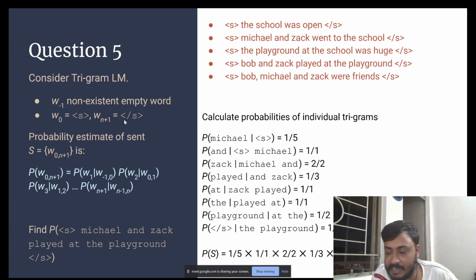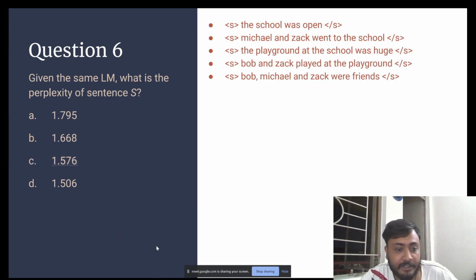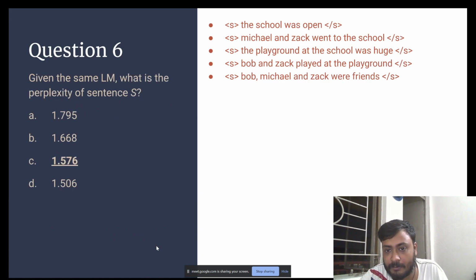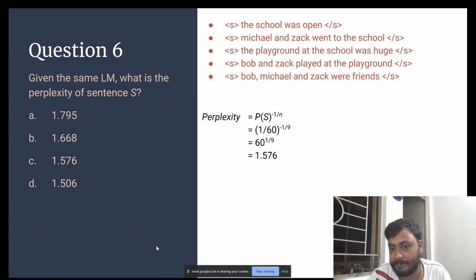The actual words are indexed from 1 to n, begin sentence is given index 0, and end sentence is given index n plus 1. Sorry, I just mentioned that wrongly. Here you have to actually take both begin sentence and end sentence. If you take all of them, you have 9 words. So this is how we get this value. You have to take the begin sentence and end sentence.